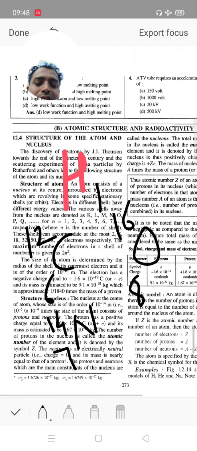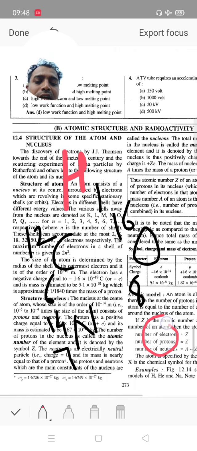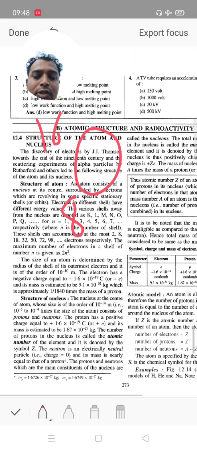Suppose we discuss the structure of oxygen. In oxygen there are 8 protons. Proton number is Z, the atomic number, 8. Their atomic mass A is equal to 16.